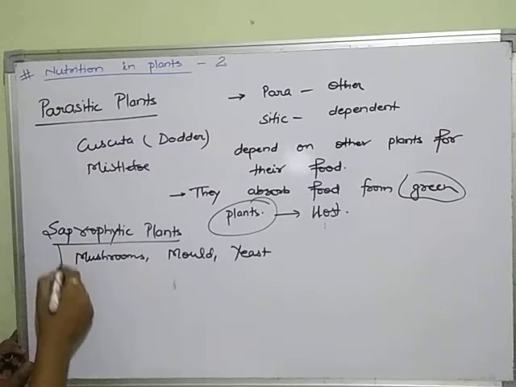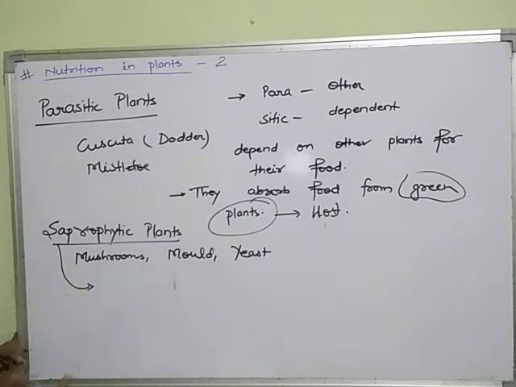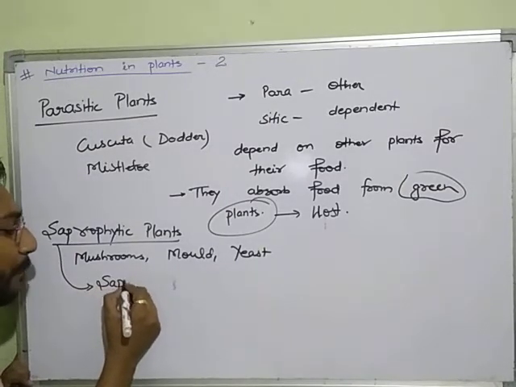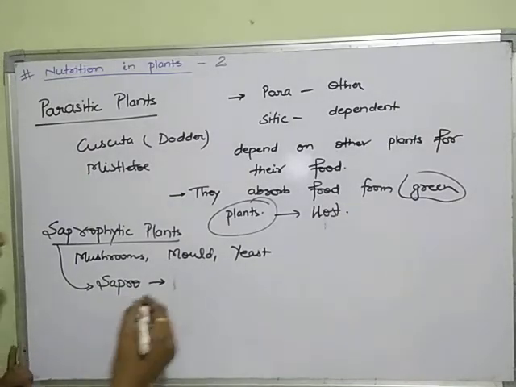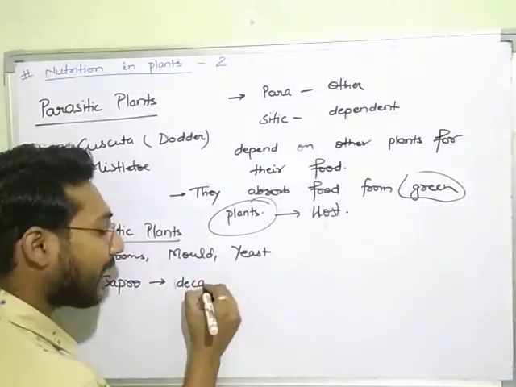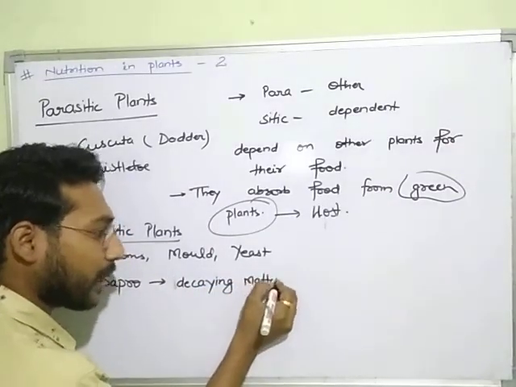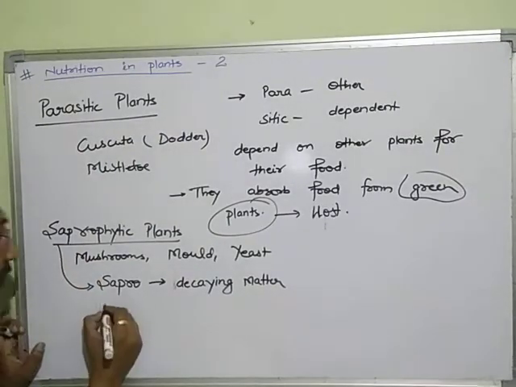Now the word saprophytic comes from two words. The first one is sapro, which means dead or decaying matter. Okay. Now what is next? Phytos.